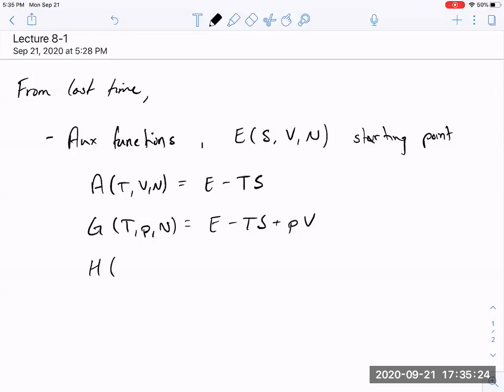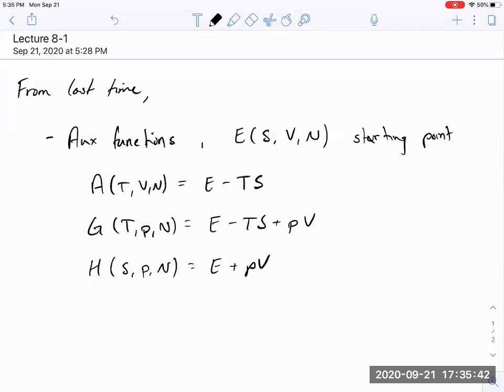We also introduced the so-called enthalpy, denoted H. So it's a natural function of the entropy, pressure, and number of particles by, you guessed it, taking the energy and adding P times V.